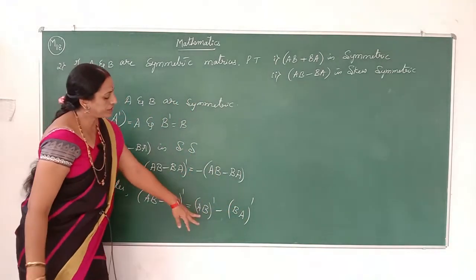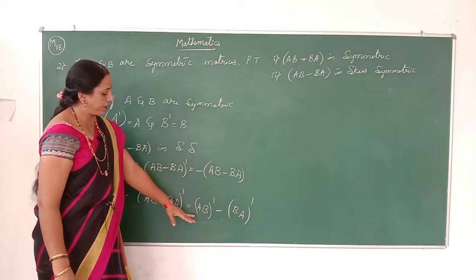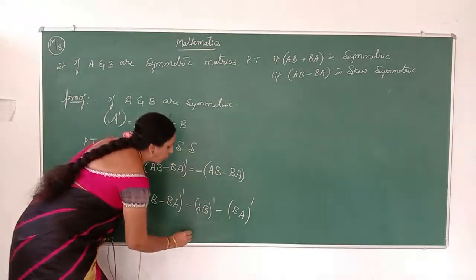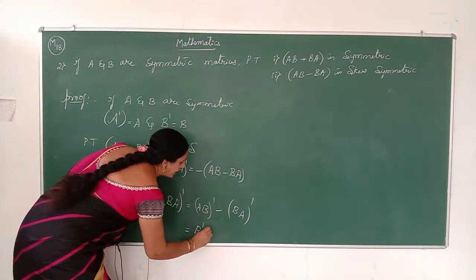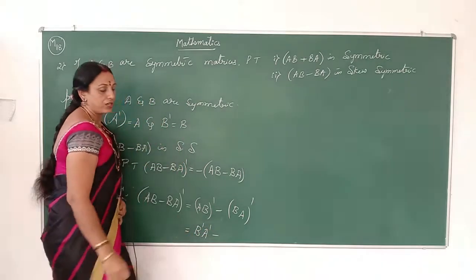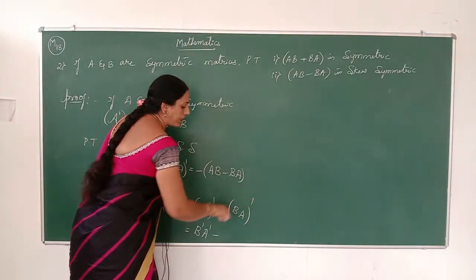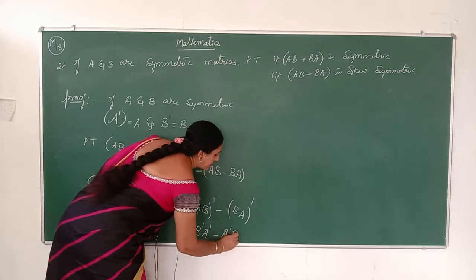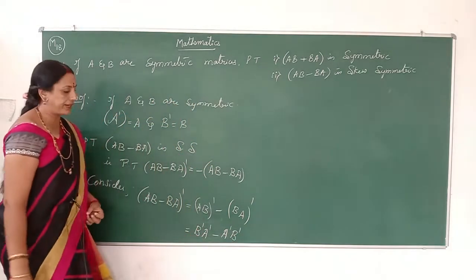After that, it's another property of the transpose of a matrix: (A into B) dash can be written as B dash into A dash, minus, again (B into A) dash can be written as A dash into B dash.